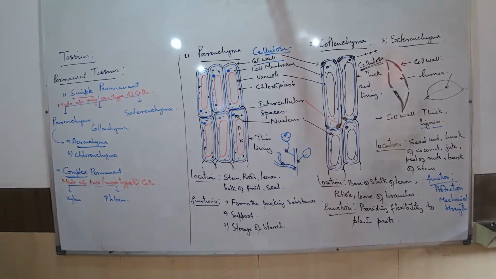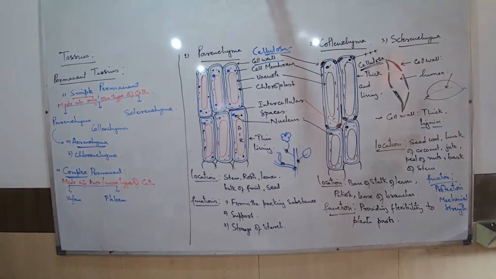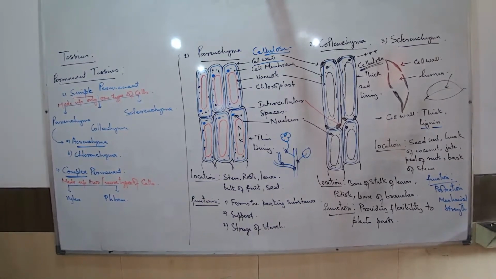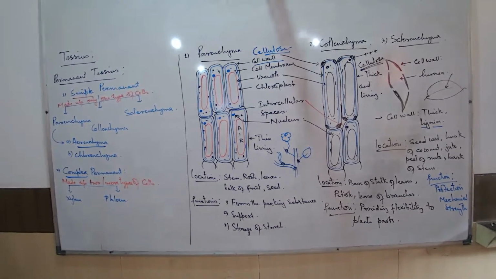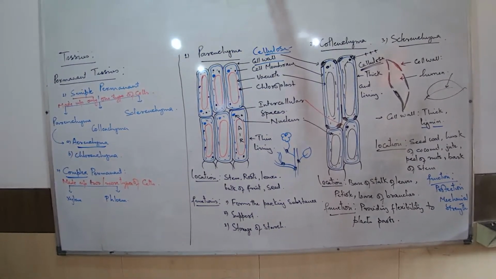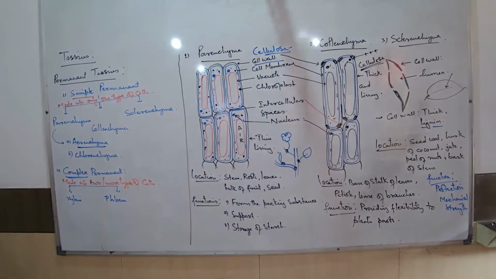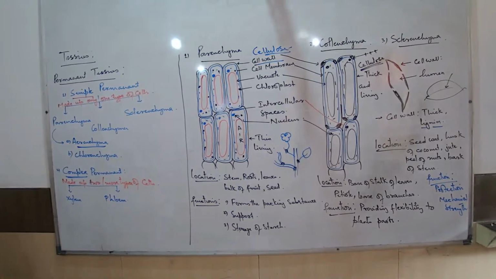Number 5 also, fill in the blanks: tissues present in the bark of stem and veins of leaves are dash.